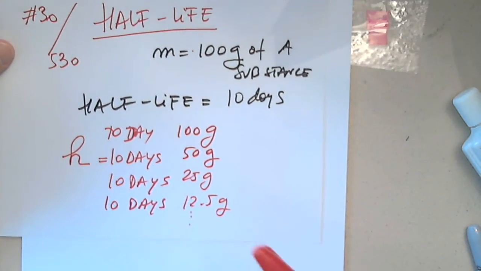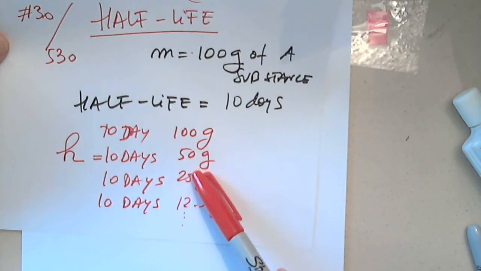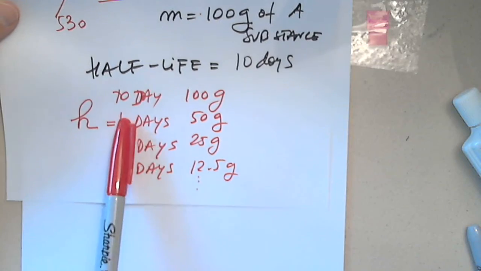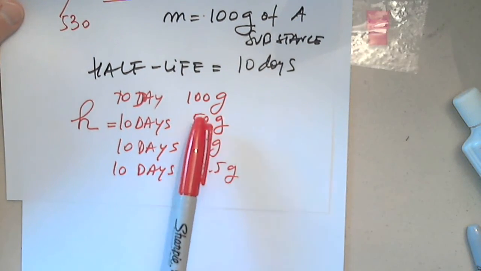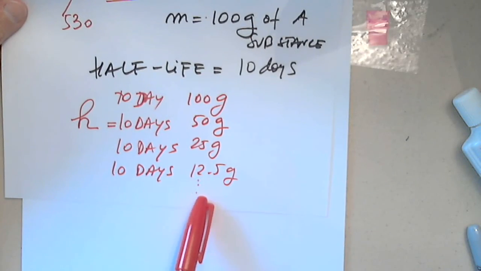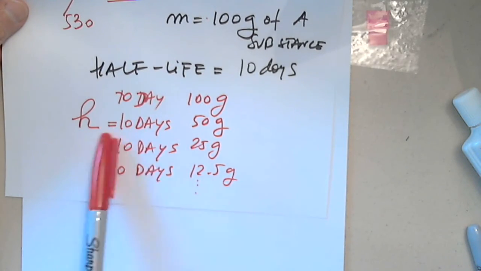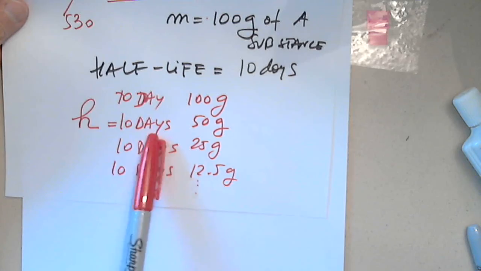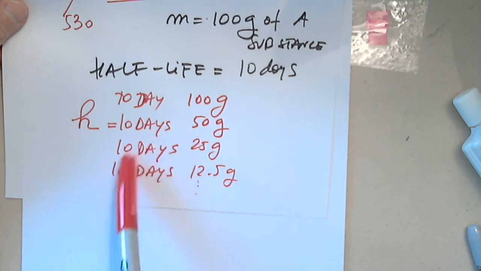So this is what we call radioactive decay. It reduces its mass in time. And this is the time that it halves the initial mass. So the half-life is 10 days.